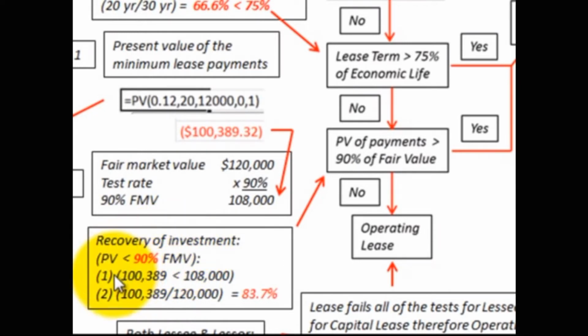So first here, we could look at it in these terms where the $100,389, those minimum lease, present value minimum lease payments is less than the $108,000, the 90% here of the fair market value. Or we can look at it here where we have the $100,389 here, the present value of the lease payments, divided by the fair market value here of $120,000, and that would equal 83.7%, which is less than the 90% hurdle rate here for the test, so therefore it fails the test.